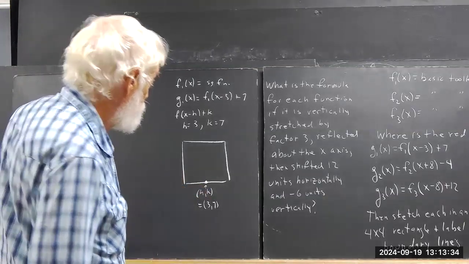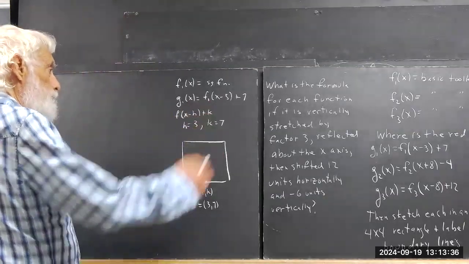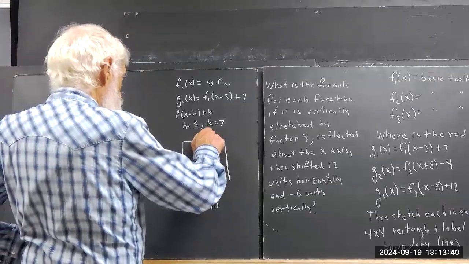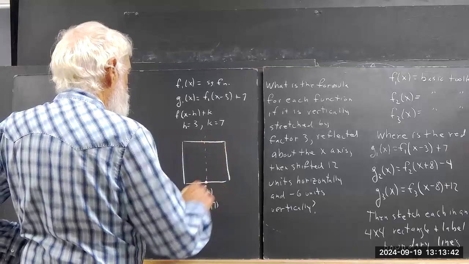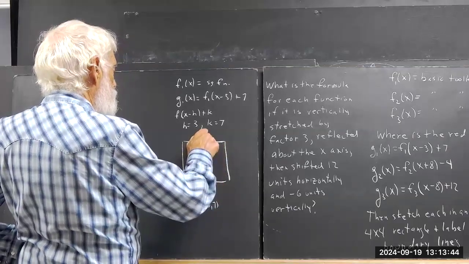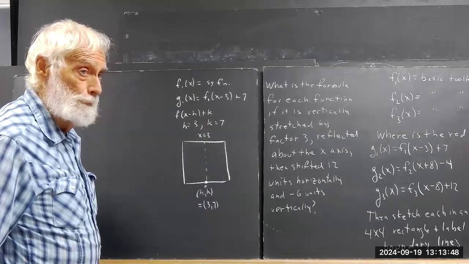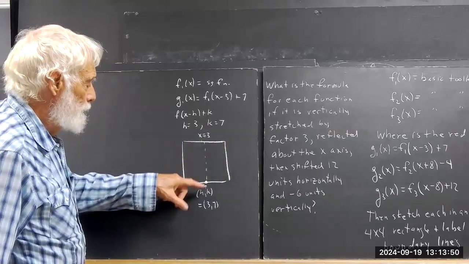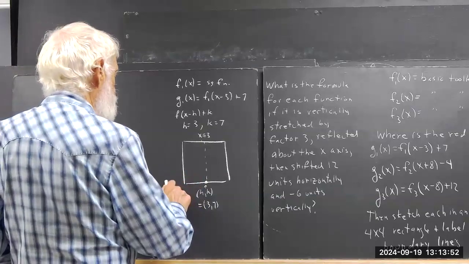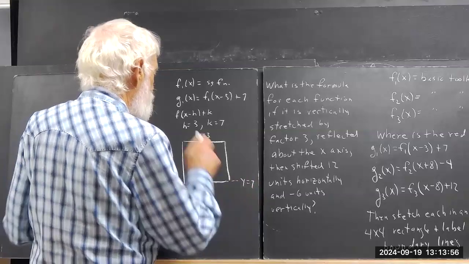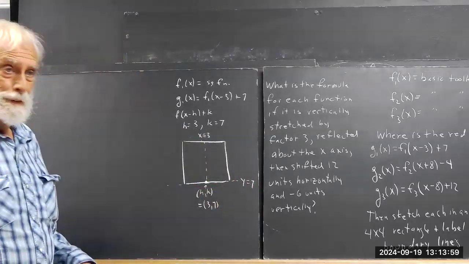The most obvious place. Okay, now we want to label the boundary lines. And we're only labeling the boundary lines, but you know, a lot of people are going to want to draw this line. This is the line x equals 3. Just for reference. And we do that because we know what H and K are. And then the horizontal line through that point is y equals 7. X equals, y equals.